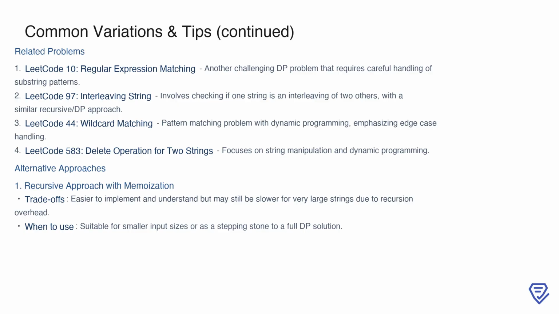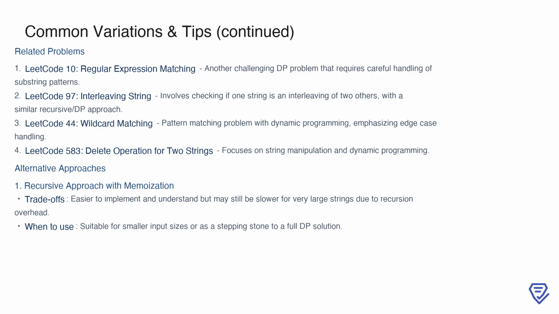LeetCode 44, wildcard matching, focuses on pattern matching and also emphasizes handling edge cases effectively. Lastly, LeetCode 583, delete operation for two strings, is another string manipulation problem that relies heavily on dynamic programming. As you work through these related problems, you'll notice recurring techniques and concepts that can strengthen your understanding of how to approach Scramble string effectively.